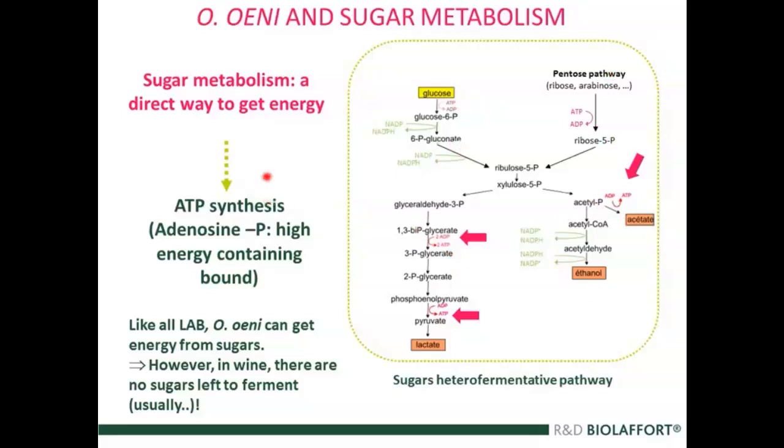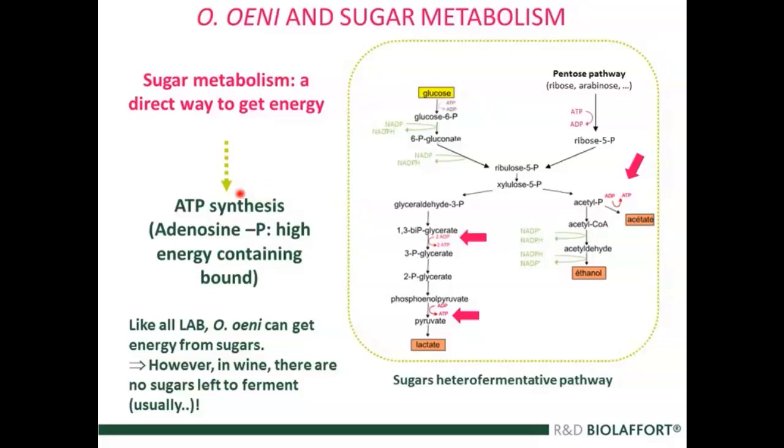The problem is that in a winemaking environment, there is no sugar left to ferment, and Oenococcus oeni needs to find other ways to gain ATP, to gain energy, to be able to multiply and maintain itself in wine.